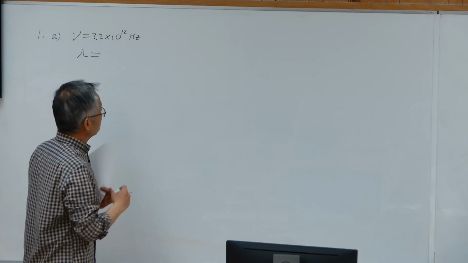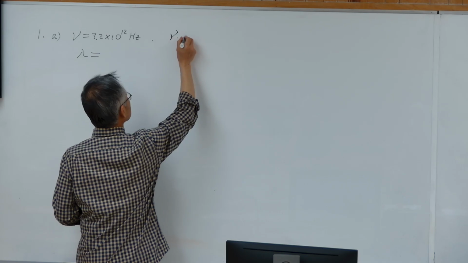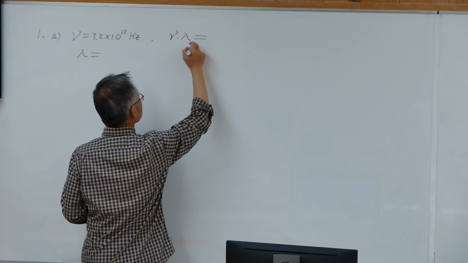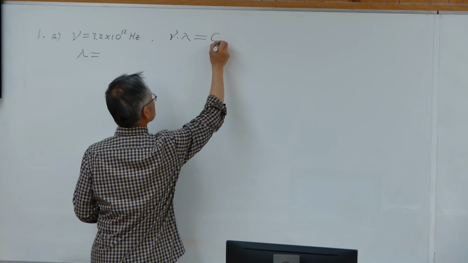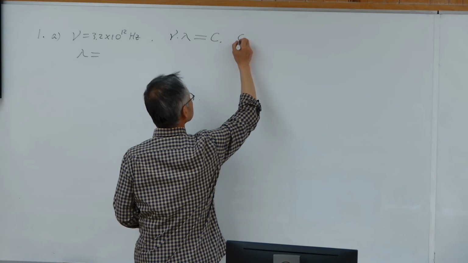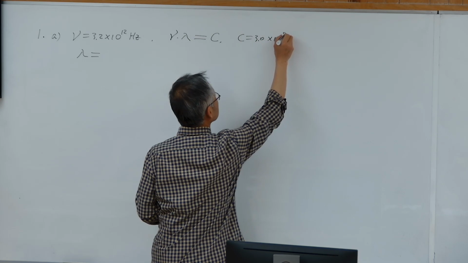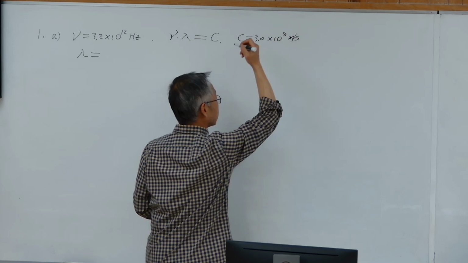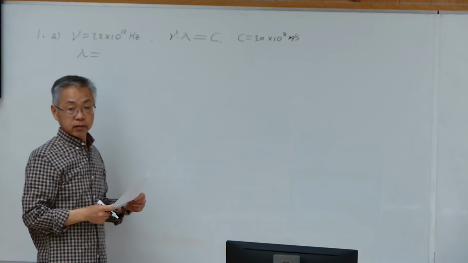The basic equation is frequency times wavelength equals speed, and the light speed c equals 3 times 10 to the 8th power meter per second. I provided this number to everybody.